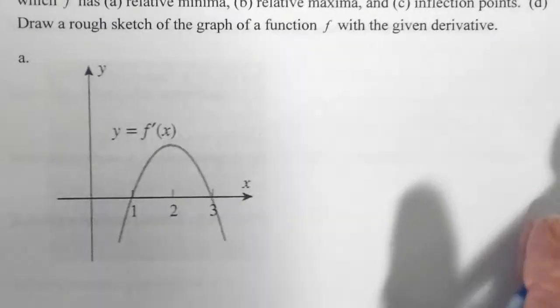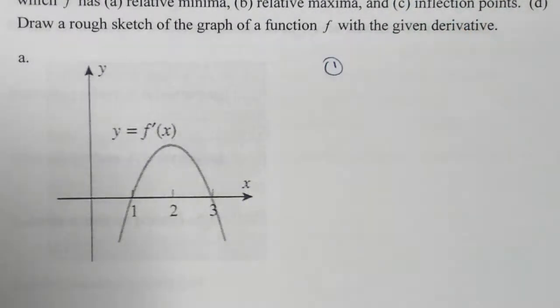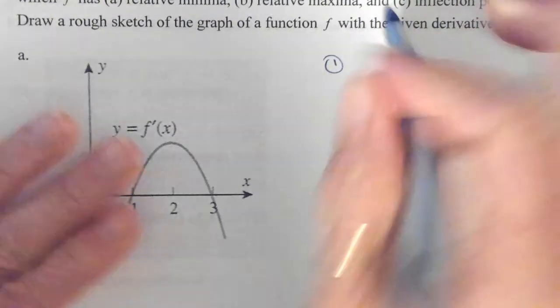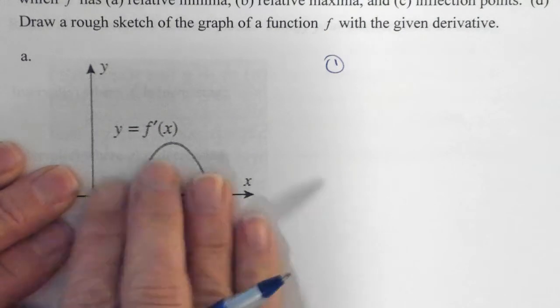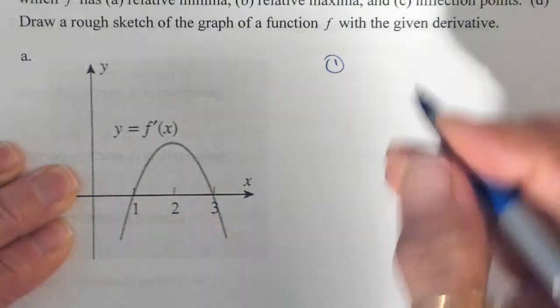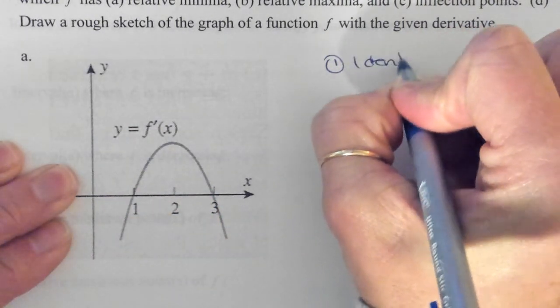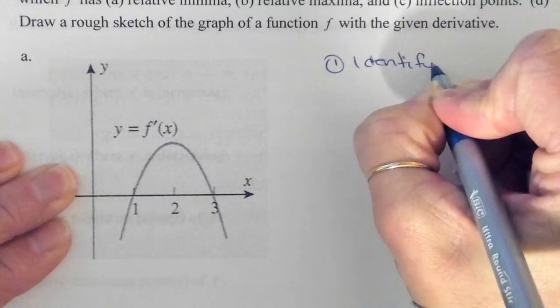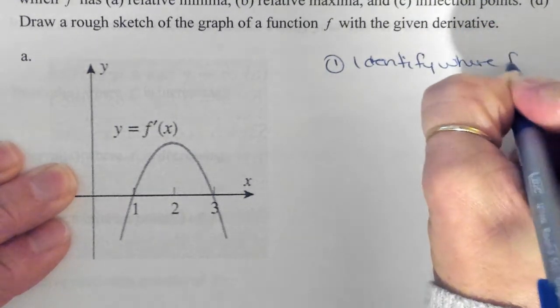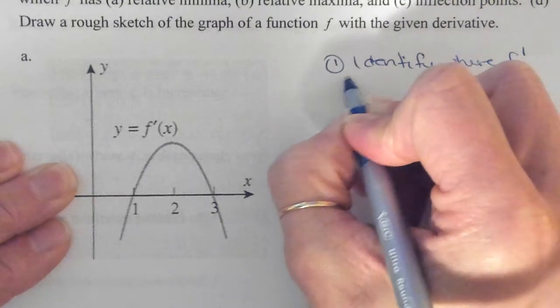Okay, so the first thing we're going to do, step number 1, this is our graph f prime. So we're getting our information from f prime. We're going to identify where f prime crosses the x-axis.